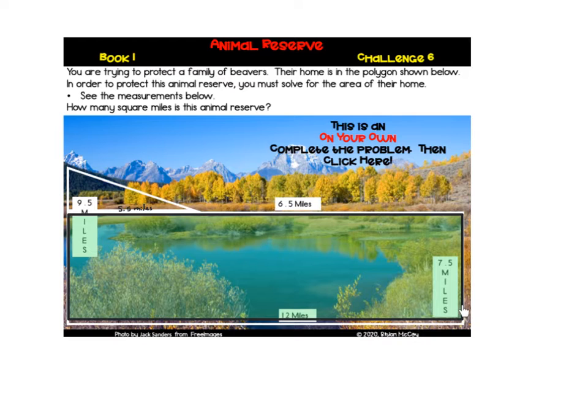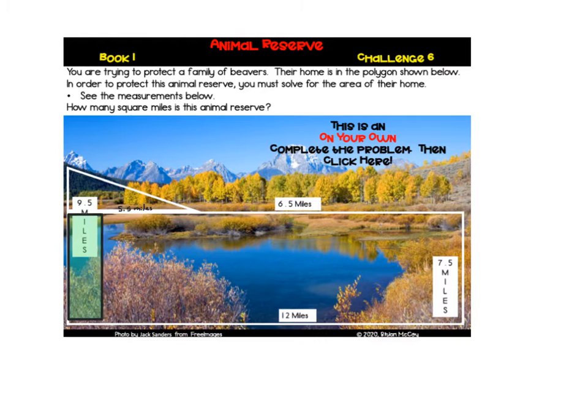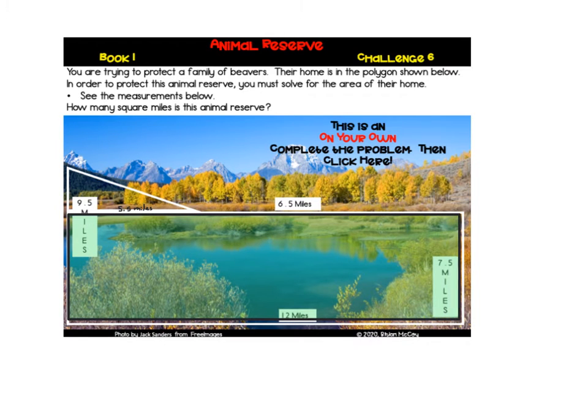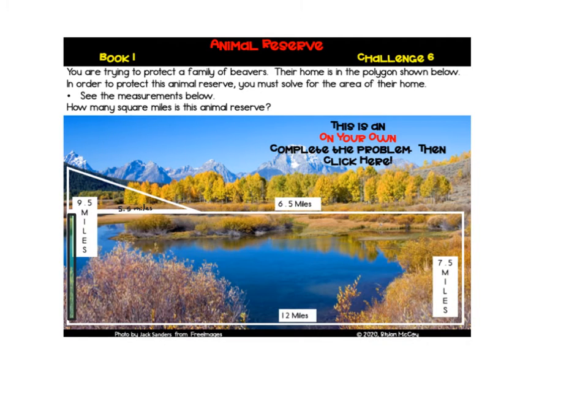So this side over here is 7.5. That means this section here is also 7.5. Let me show you why that works. Because that line is the same distance, so here it's 7.5 miles, and over here, this also is 7.5 from here to here.